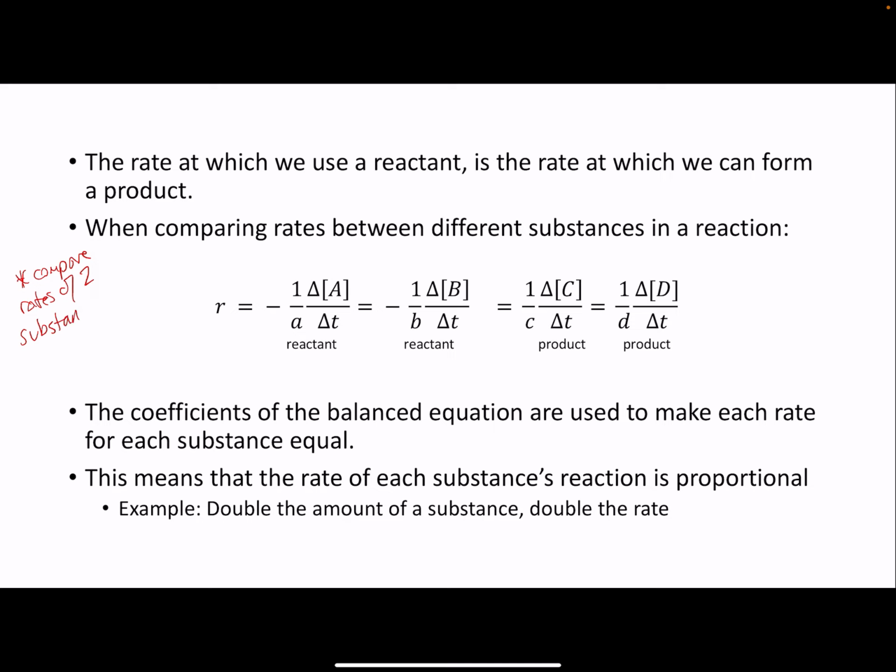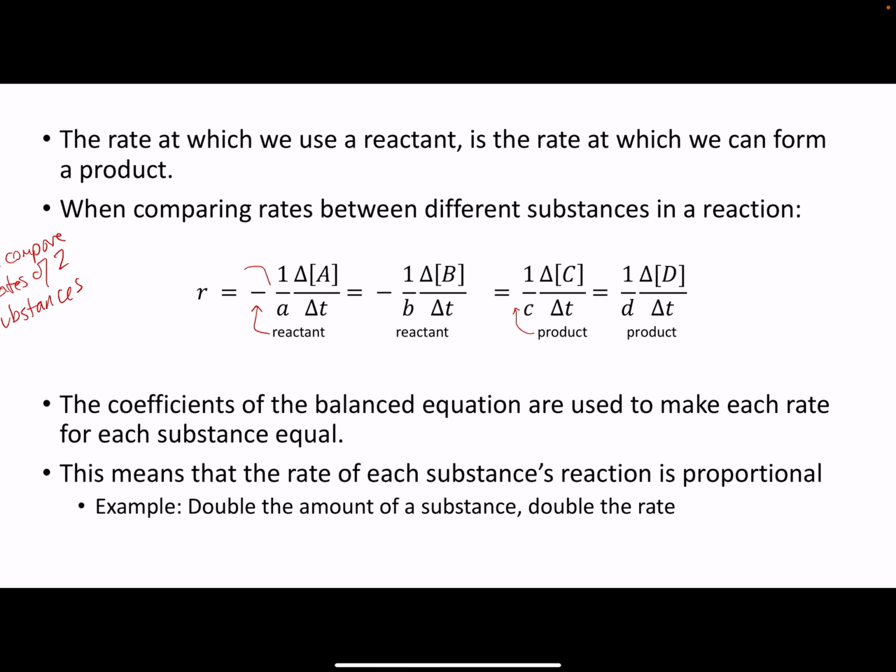So you see lots of equivalent ratios here. You'll only ever be working with two of them at a time. Of this whole relationship here, notice how reactants have the negative sign in front of them and products do not, so that holds true. The little letters represent the coefficients from the balanced chemical equation.